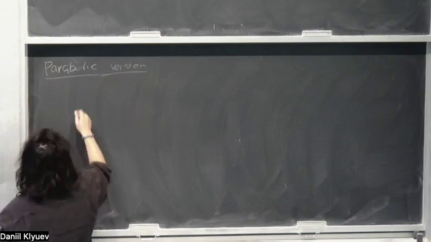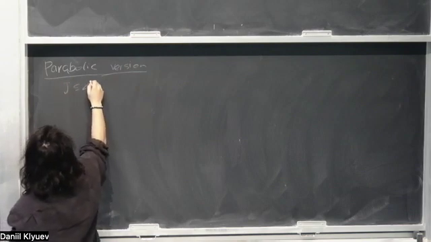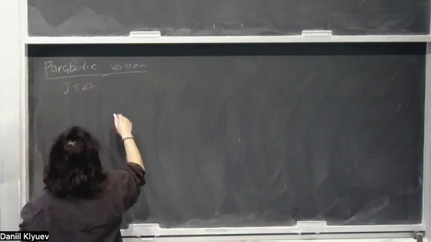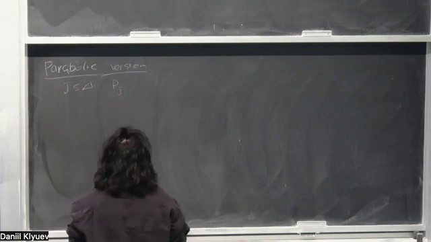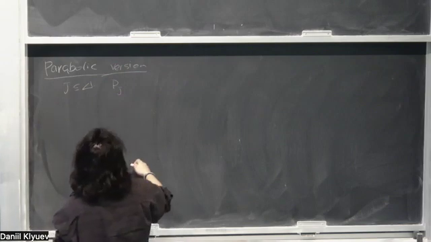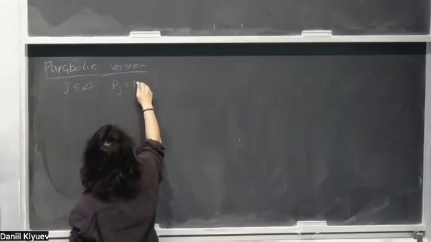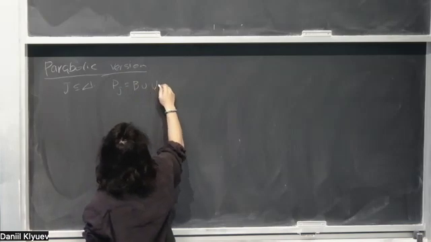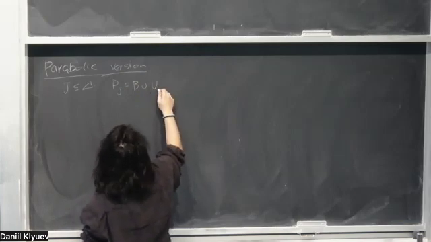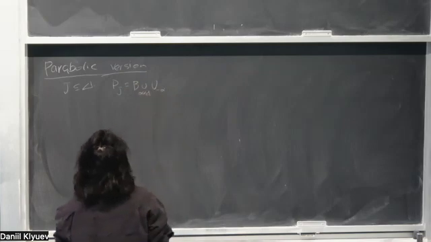So in general, if I have a subset J of the simple roots, I get a parabolic P_J, which is B union U negative alpha, where alpha is in J.